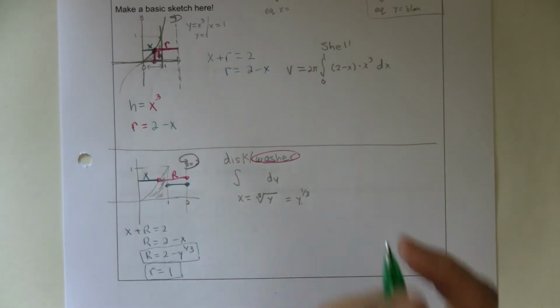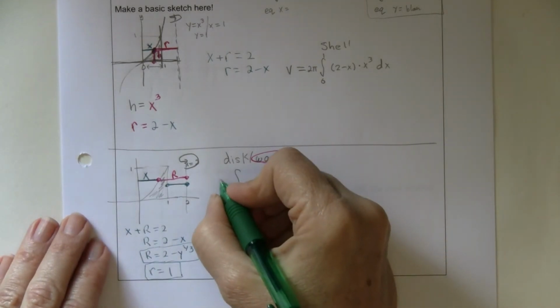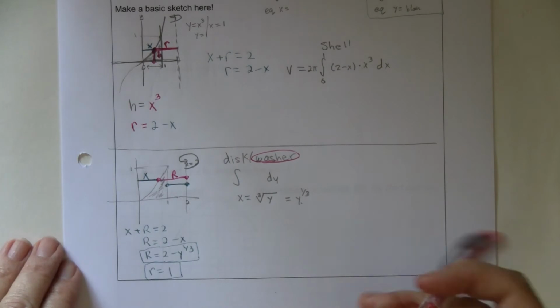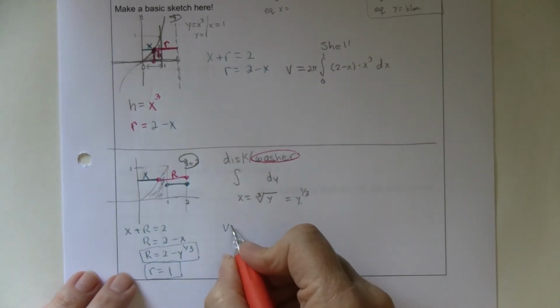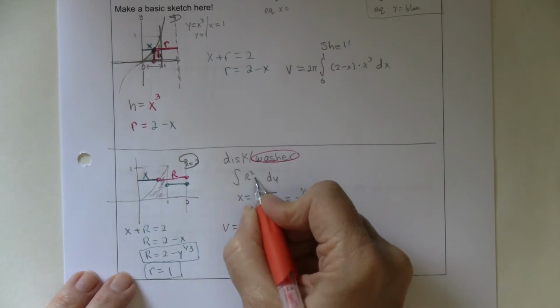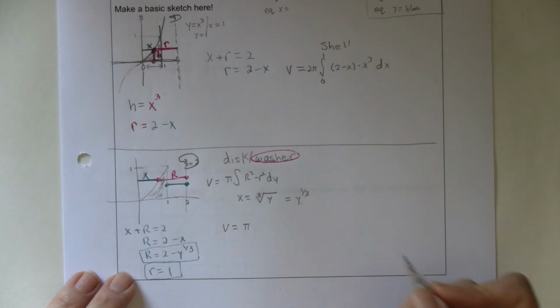So I'm going to put these things in my formula for my volume. Our volume is going to be pi, and remember, it's R squared minus r squared, with pi out in front, right, is the formula.